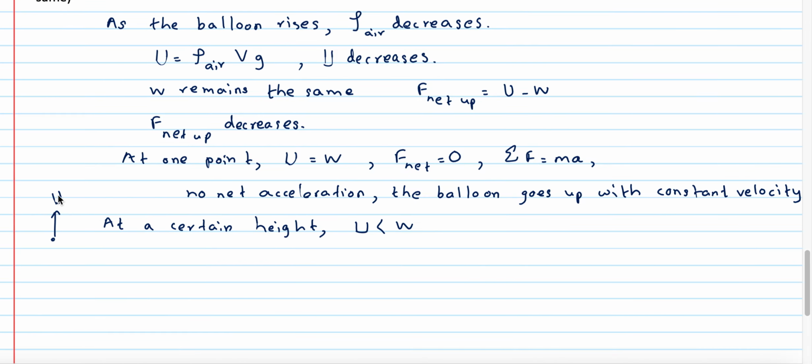The upthrust is acting on the balloon in the upward direction, and the weight is acting in the downward direction. So at that point, there will only be a net downward force. That means, according to Newton's second law, again, there will be a net downwards acceleration.